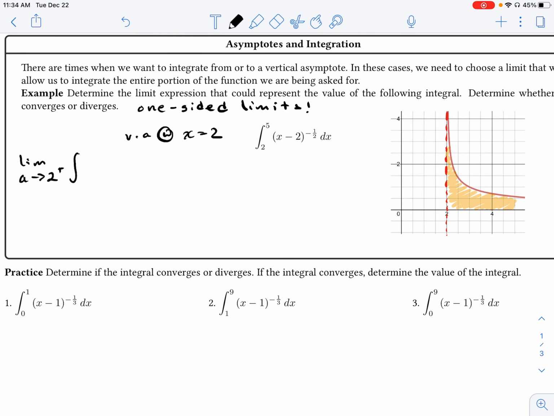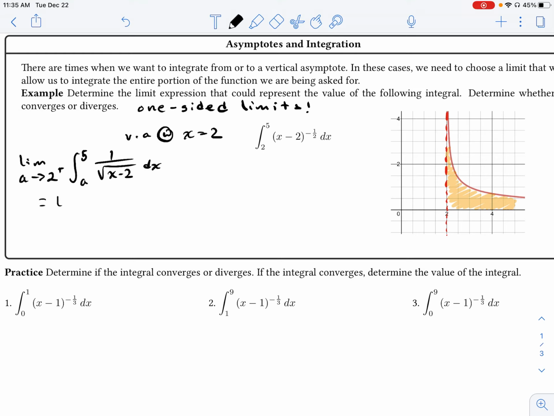Then I can write that integral from a to 5 of 1 over root x minus 2 dx. Again, we're replacing the bound where there is a vertical asymptote and writing that as a one-sided limit statement. This is pretty straightforward to integrate.